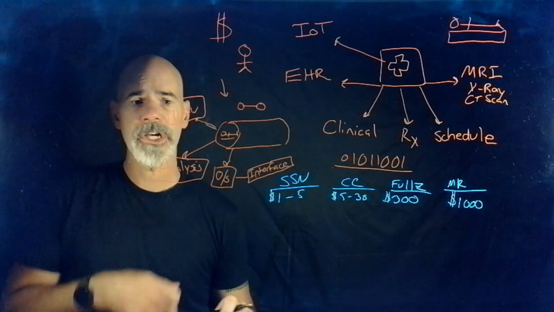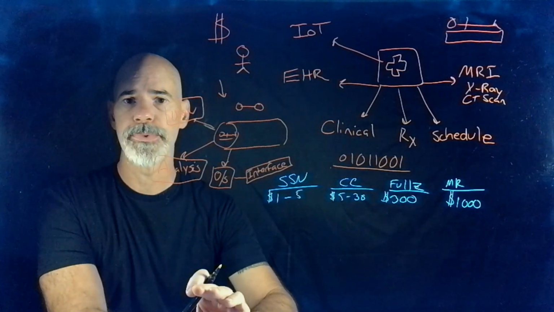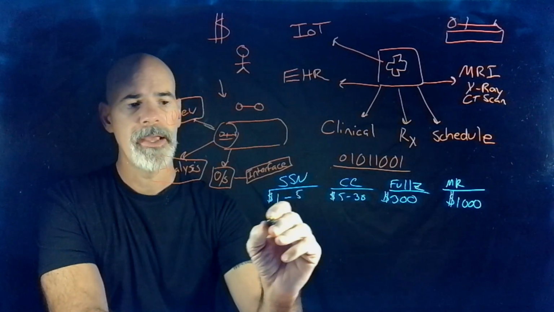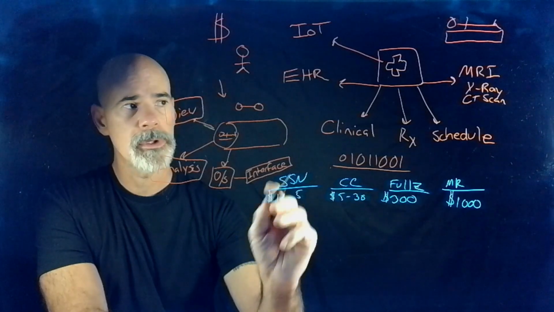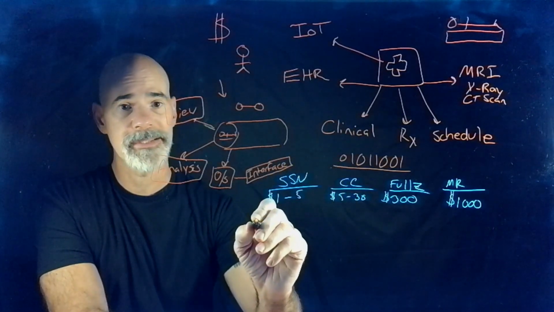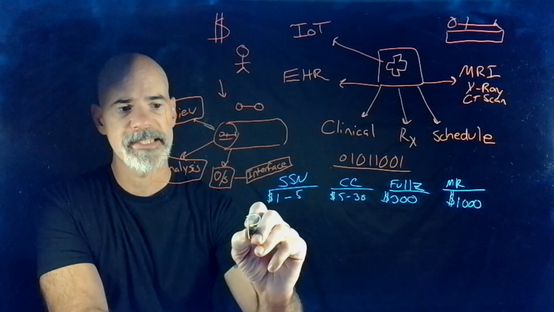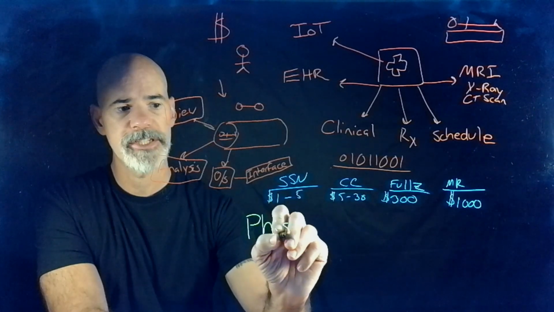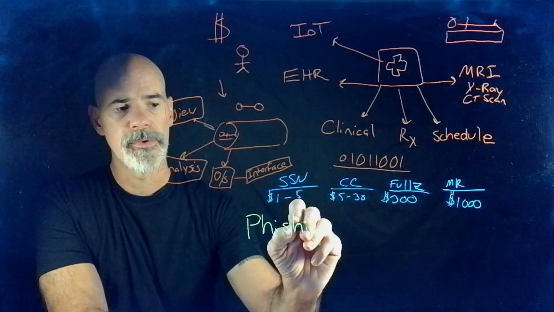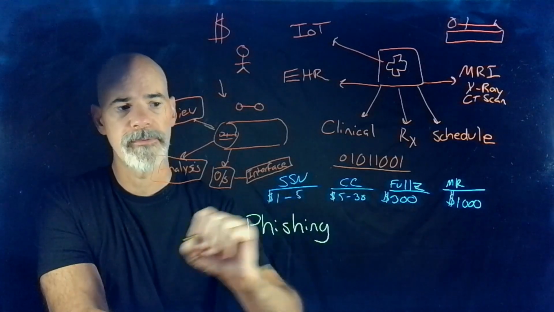All right, so let's talk about some of the attacks that are related to this healthcare system. As I mentioned before, in the medical record, there's a lot of information, which means that information can be utilized to perpetrate phishing attacks.